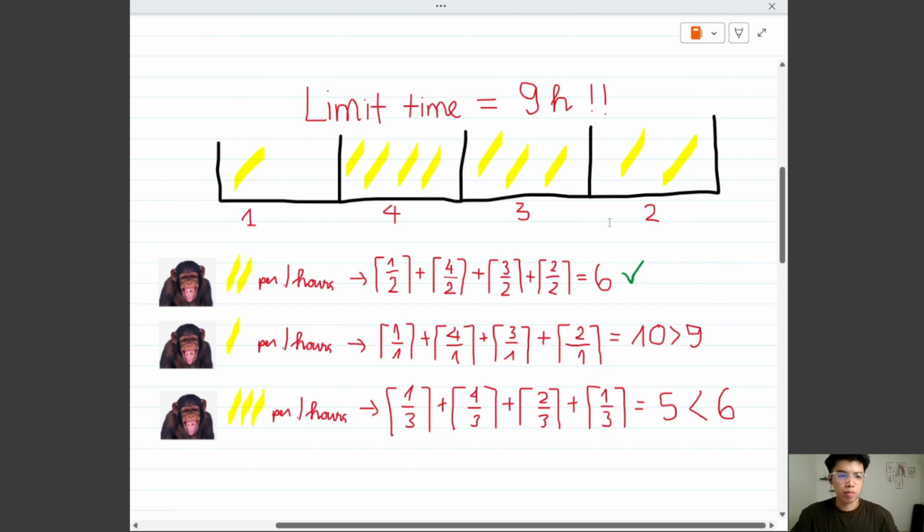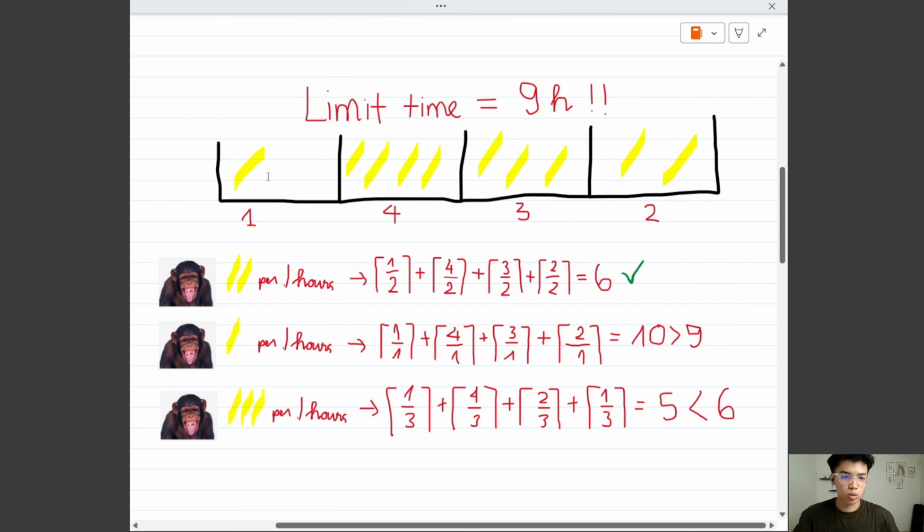Okay, first we check the rate of 2. For example, Koko goes to the first pile and he eats that 1 banana in only 30 minutes, and he waits another 30 minutes to go to the next pile. So the total time he spends on this pile is exactly 1 hour.